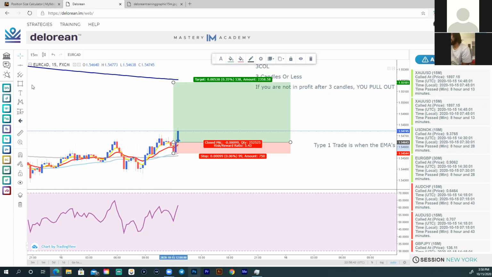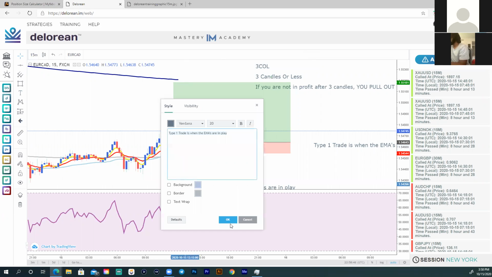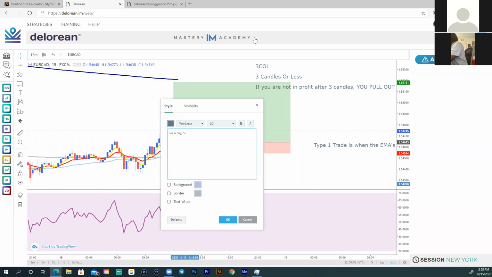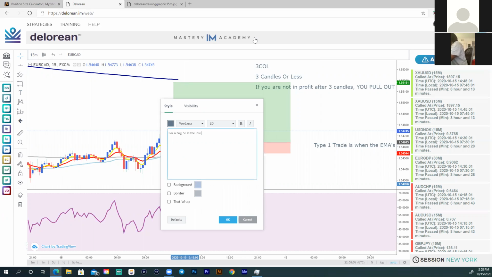I'm going to type this out. Since we're on the buy right now, for a buy, stop loss is the low of the 2 candles plus spread times 2. Now, what does this mean?